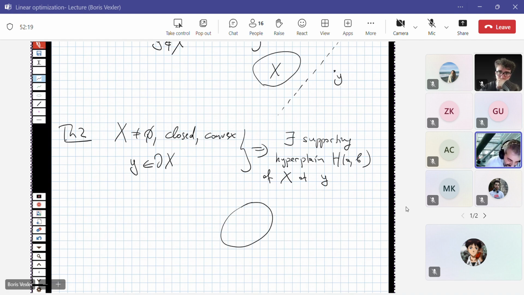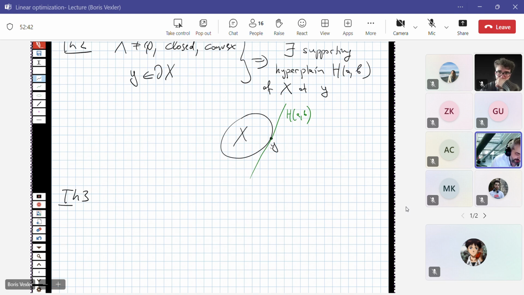The picture is this: this is capital X, this is the point Y, and here we have this H_AB, the plane which supports X at Y. Yes, it goes through Y, and X is on one side of this hyperplane. This was the second theorem we proved.